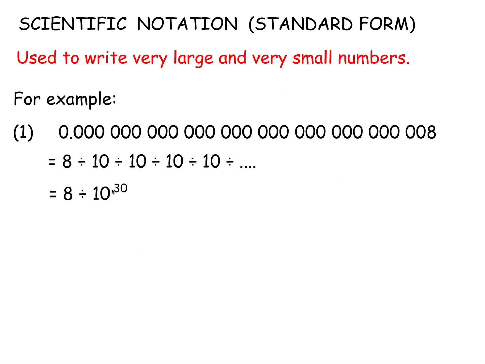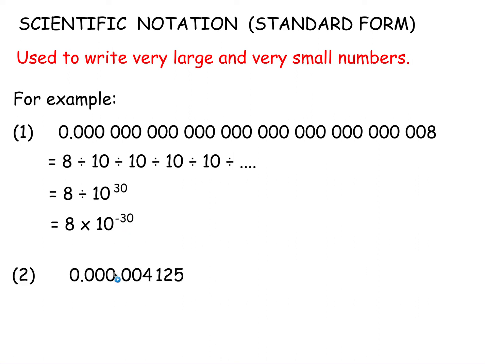In other words, division by 10 to the power positive 30 is the same as multiplying by 10 to the power negative 30. So this negative 30 here, that power is the same as dividing by 10 30 times. Now you go from the first line to the last line when you're writing scientific notation. So you don't need the bits in between, that was just to introduce it.